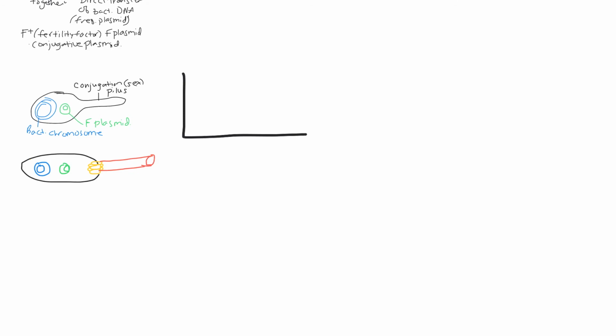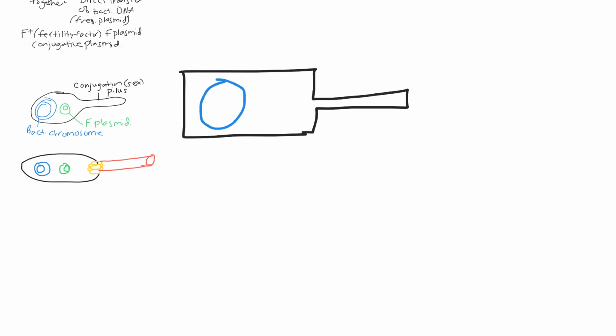Okay, so let's start with our two cells again. I'll just draw this with the pilus already formed. Use blue. And I'm going to use two colors here because you need to differentiate. This is all the plasmid though.